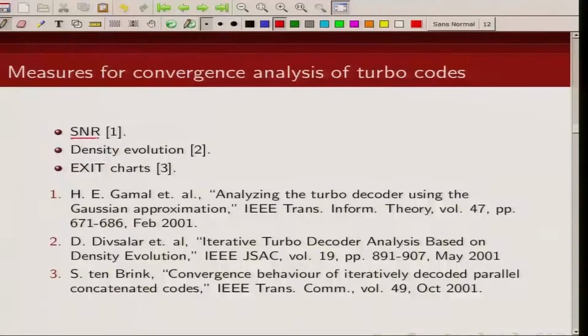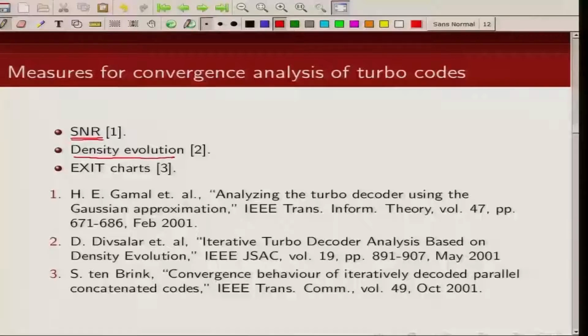This technique by Al-Gamal makes use of Gaussian approximation, and it tracks the signal to noise ratio. So, it tracks the signal to noise ratio of the extrinsic information and observes how this SNR of extrinsic information grows when you change the SNR of the a priori information.